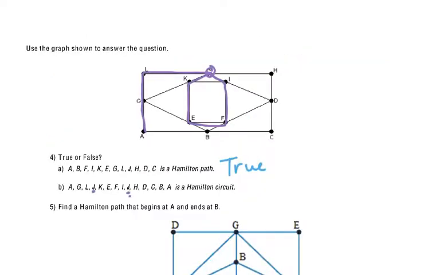Well, it went through J twice, so that is not a Hamilton circuit.